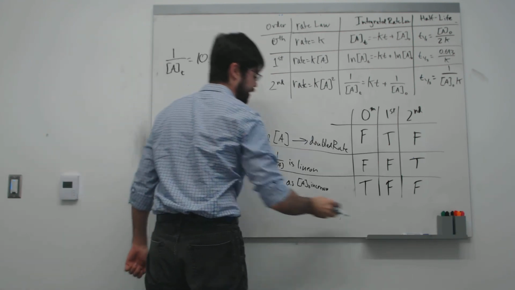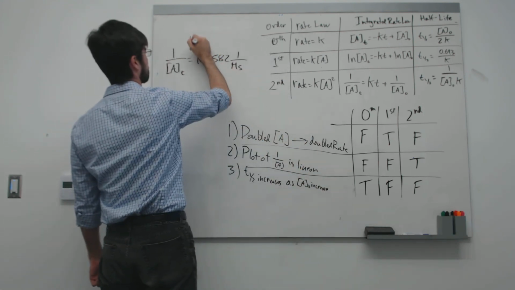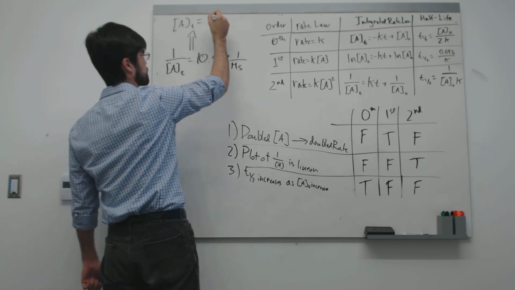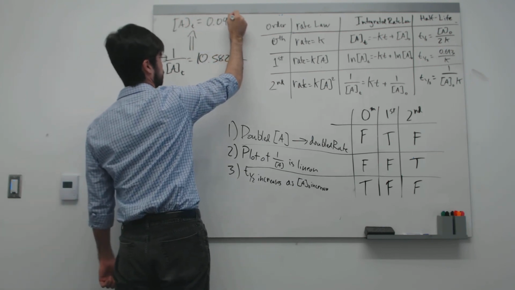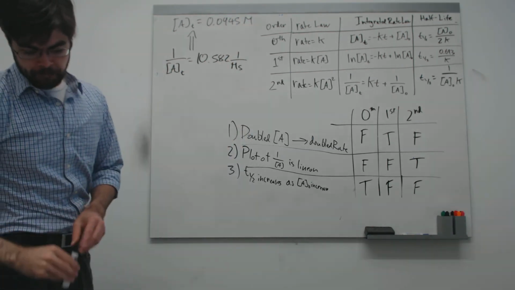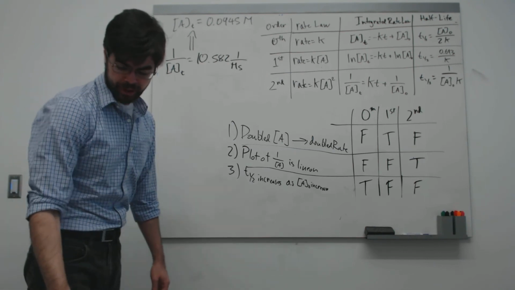I'll put it up here. How did you go from this to concentration at that time is equal to 0.0945 molar? Okay, so short answer is algebra.